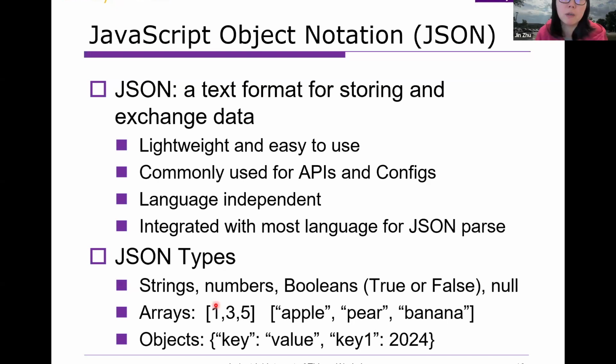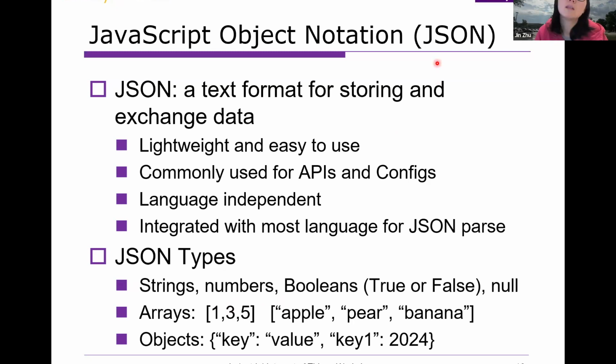They also have strings and Booleans. The number can be in any format, for example 10E5, scientific notation also works. In addition, we also have the null type, which means you have a key but there's no data stored there. And it also supports arrays.